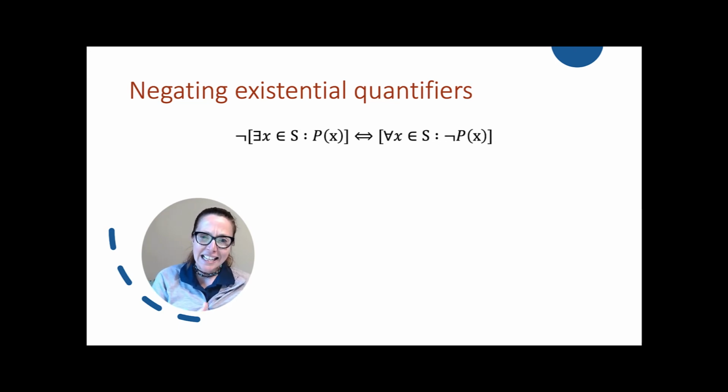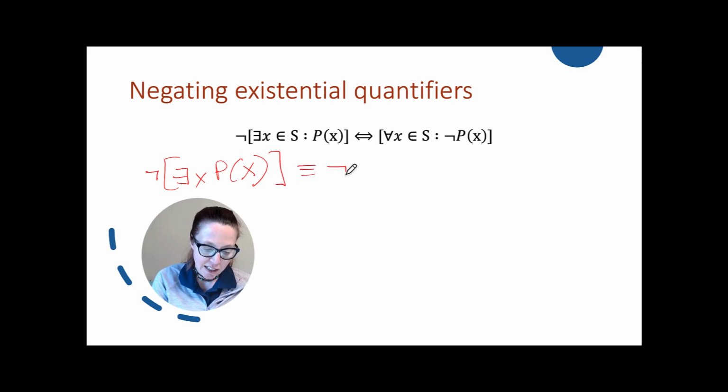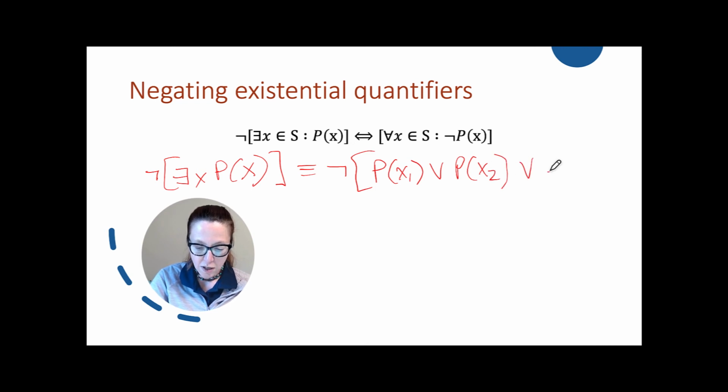And what about negating the existential quantifier? We can do the same. So just as before, we can say that the negative of there exists an x such that p of x is true is the same as saying we want to negate the fact that p of x1 is true, or p of x2 is true, or p of xn is true, where x1 to xn are the elements of that set.